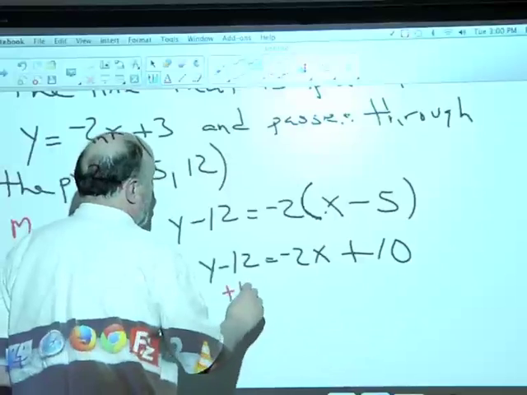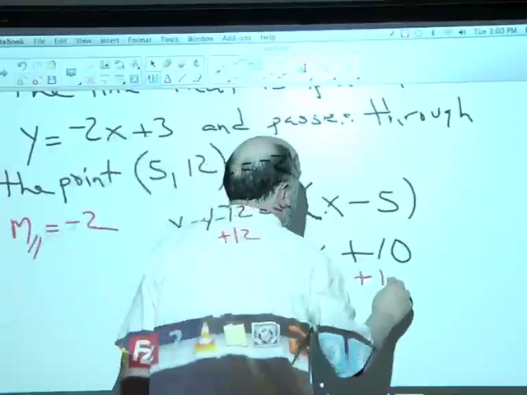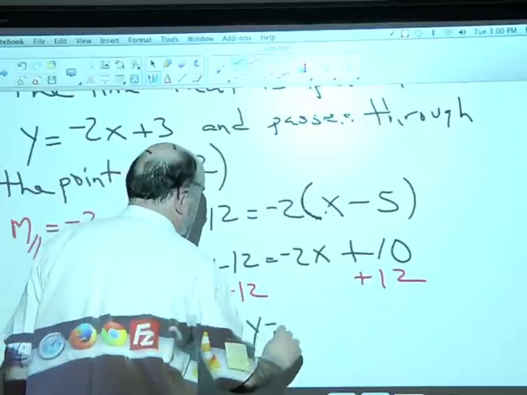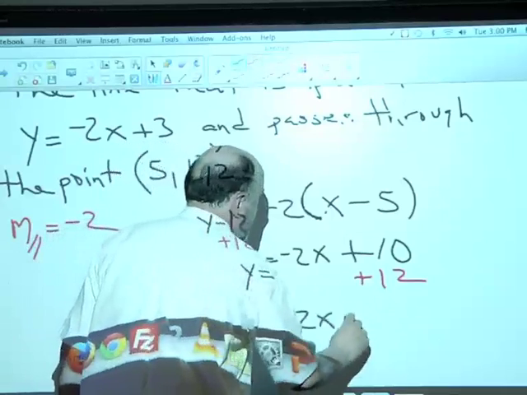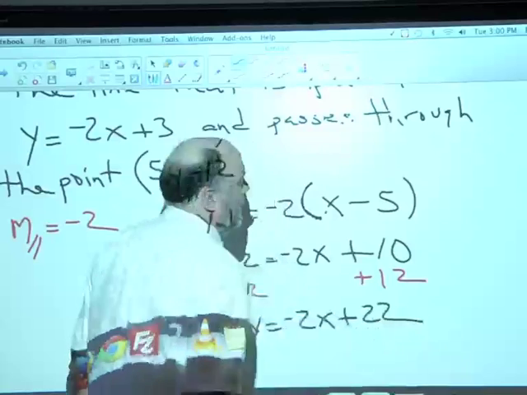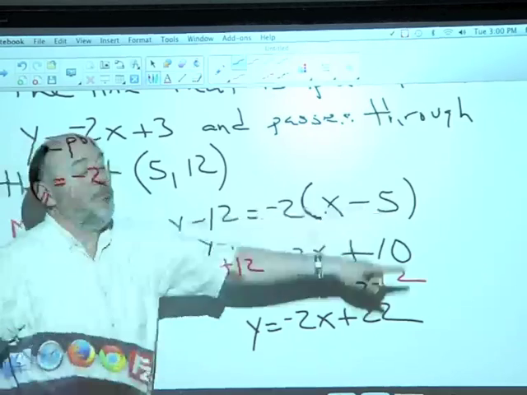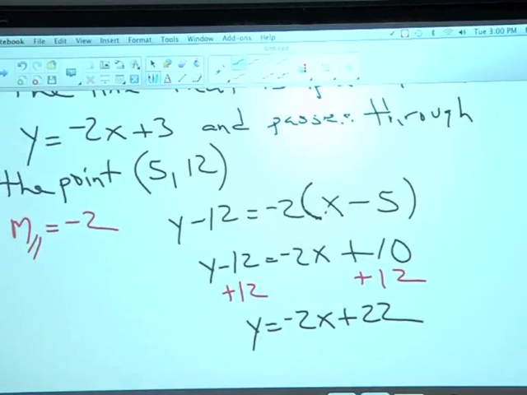Add 12. Add 12. y equals minus 2x plus 22. That y minus 12 equation, is that point slope? Yeah, that is point slope. And then I rearranged it into slope intercept.